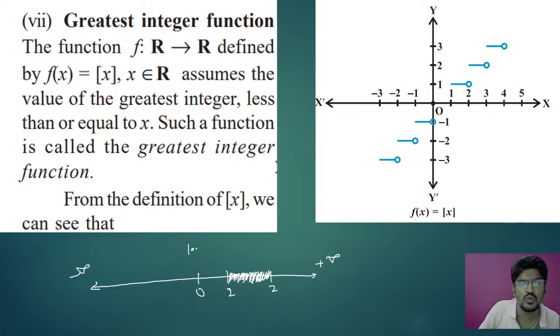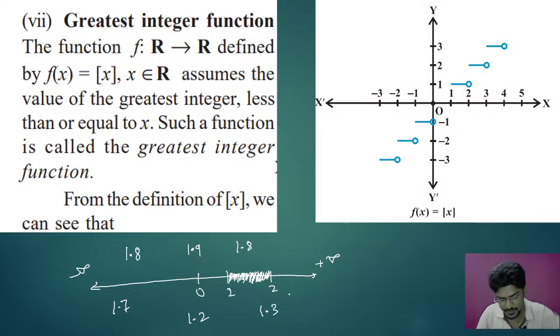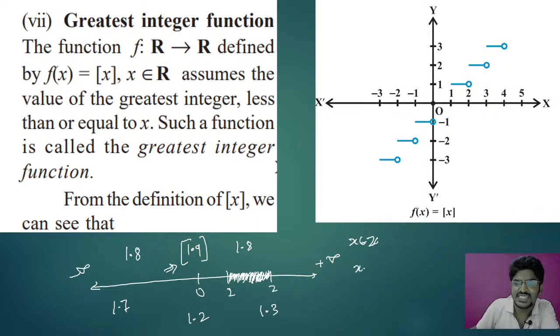You can take 1.9, 1.8, 1.7, 1.2, 1.3, any number. And how to find the greatest integer of this? Say x belongs to integers and x is lesser than or equal to 1.9.